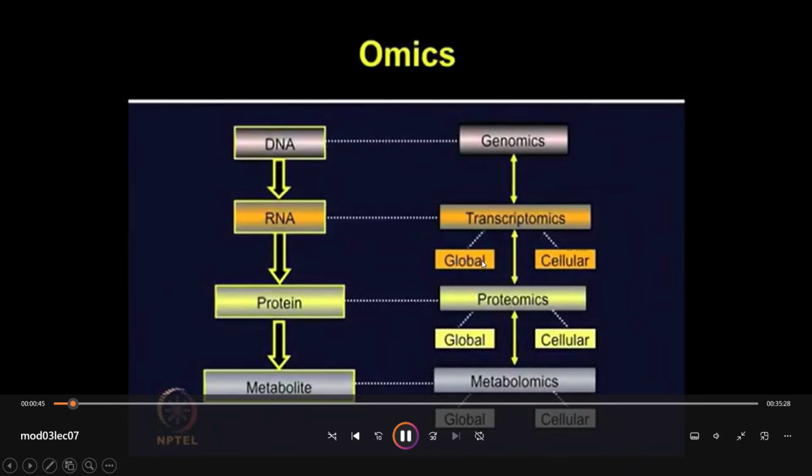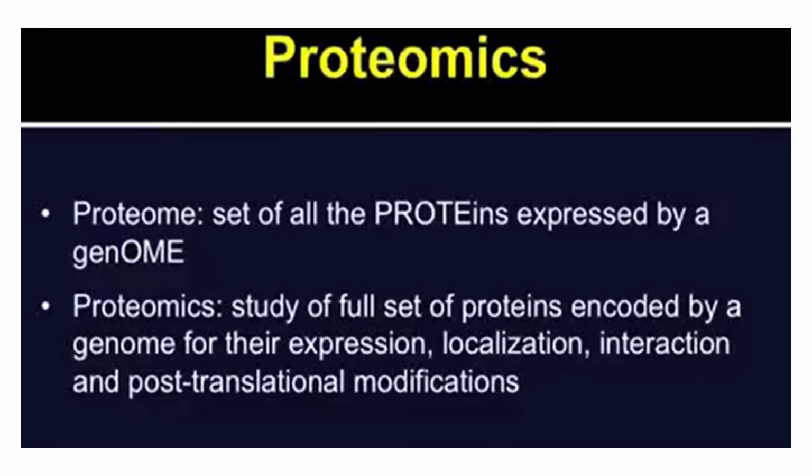It can be either cellular or global. If you are studying only one type of cell and doing its transcriptomics or proteomics, it's called cellular, whereas if you are studying the whole system, all types of proteins, all types of RNA, or all metabolites, that's global.